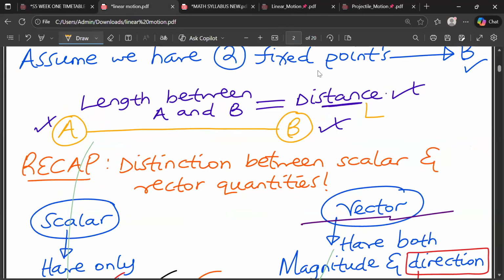So the SI unit that we usually use here, meters. We are going to concentrate on meters. Meters for distance.